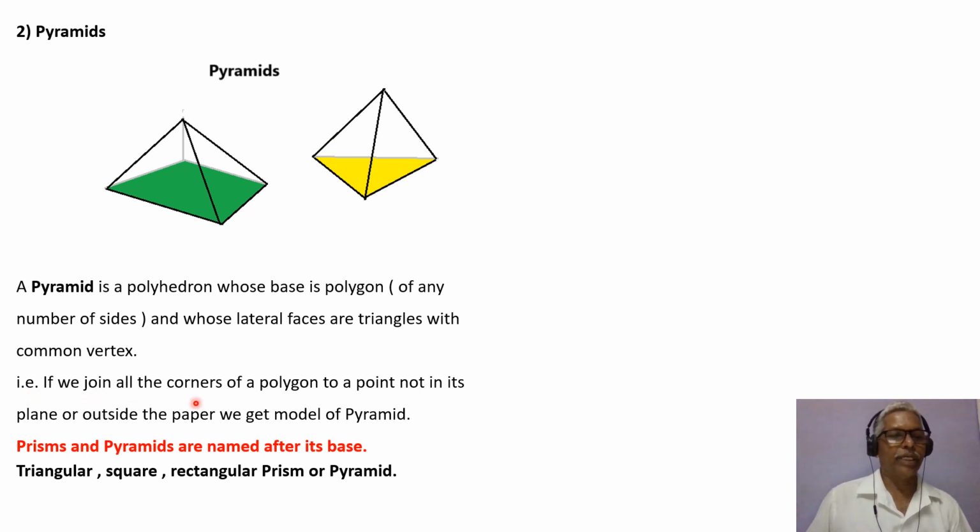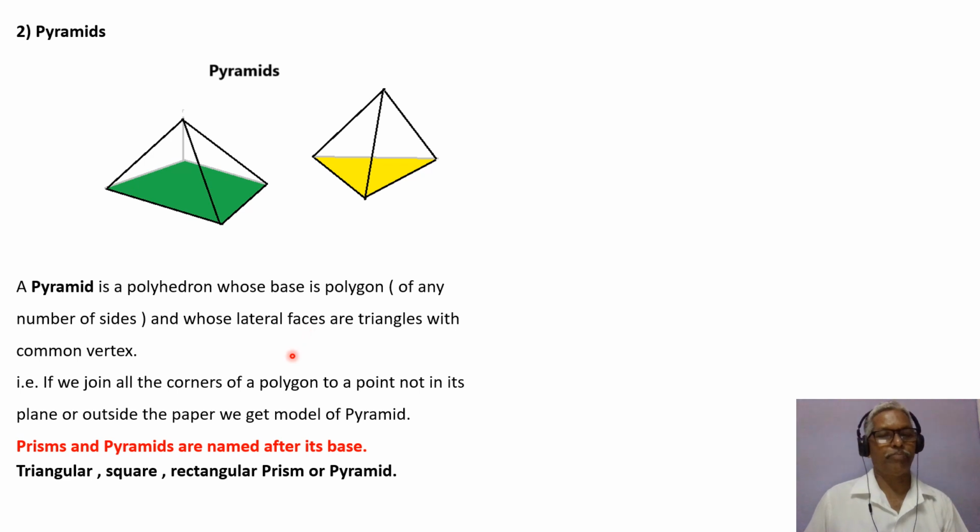So what it says is, if we join all the corners of the polygon to a point not in its plane, or outside the plane of the paper, we get a model of a pyramid. Very simple, you can just think over it.